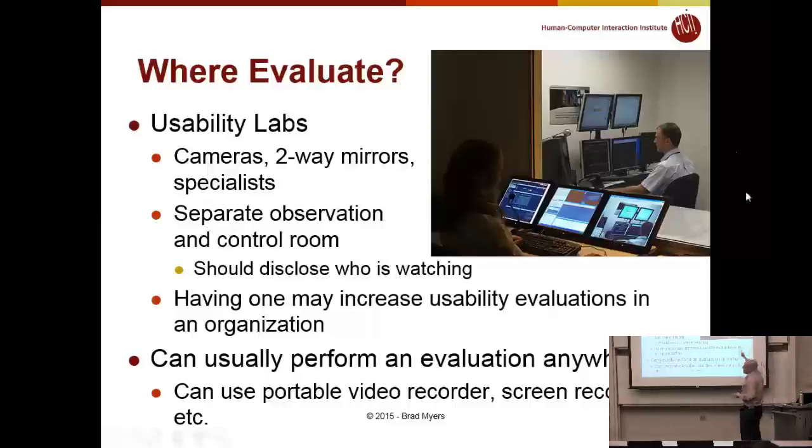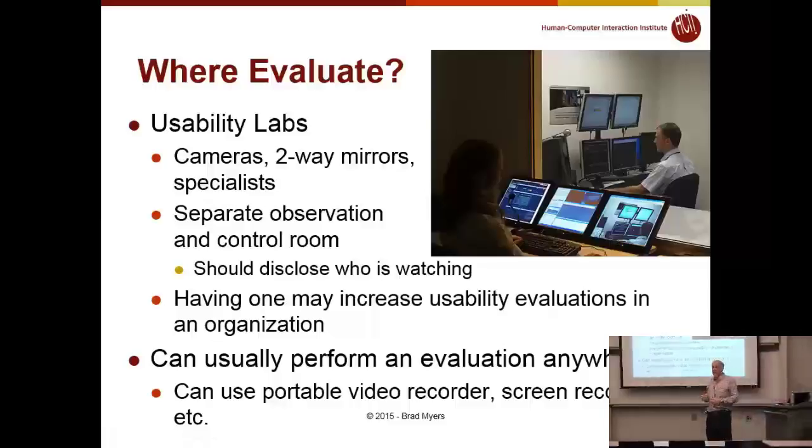You might have a two-way mirror. This glass here is called two-way, which makes no sense. It's actually one-way. So the user inside only sees a mirror, whereas the users in the control room can see what's going on. And that way the subject doesn't actually get to see who's watching.